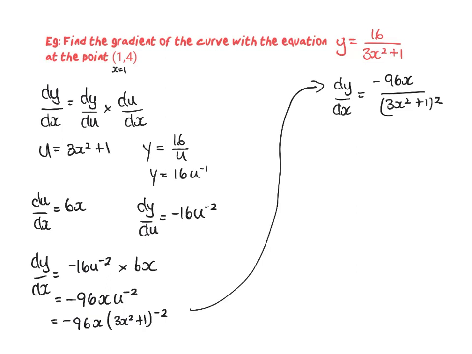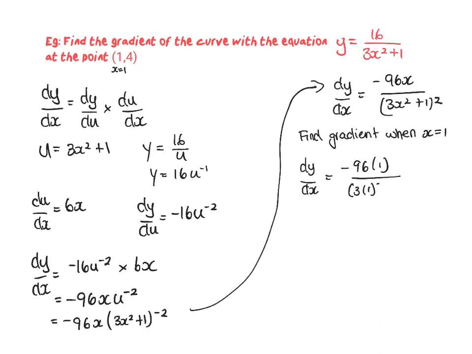Now they've asked me to find the gradient when x equals 1 on the graph. So I'm going to sub that into dy/dx, and we're going to put 1 into everything. So it'd be 3 times 1 squared plus 1.